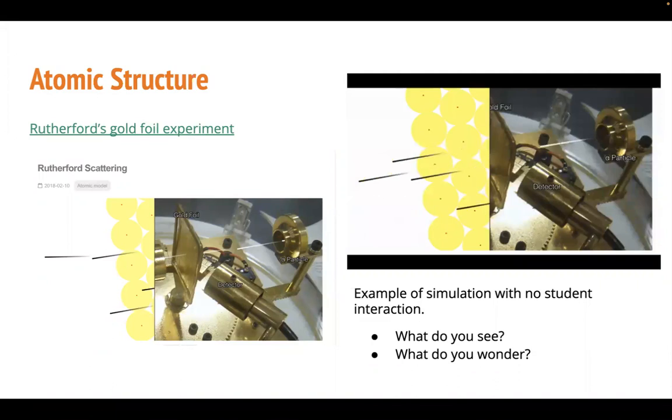So there is student interaction here, but one of the things that you could ask your students is, what do you see? And then what do you wonder? Which is a big part of how I start a lot of my units and a lot of my classes as well, as they're looking at different situations so that they're asking questions and they're thinking about what they're observing. So very simple, yet bring something that's relatively complex into something that's a visual for them to see.